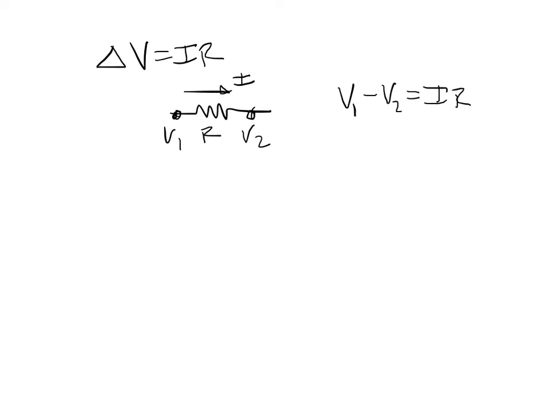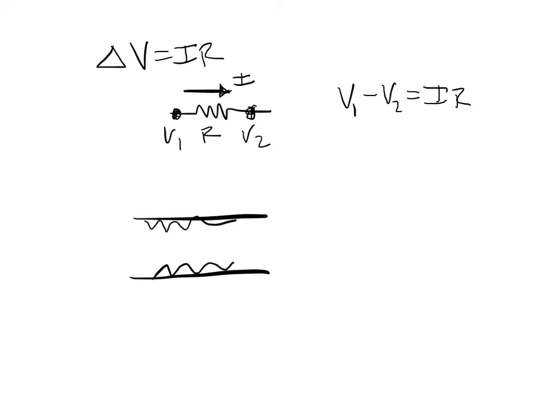And the reason we say V1 first minus V2 is because if current is going from left to right in this direction, then V1 must be a higher voltage than V2 in order to drive that current. Another way to think of this is with fluids.